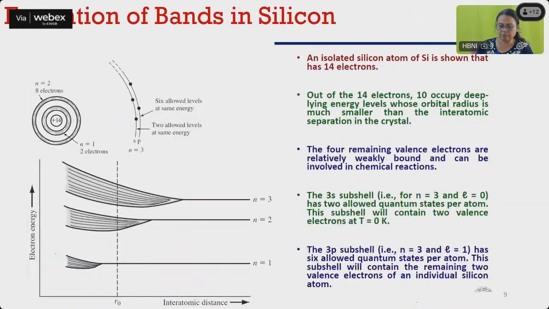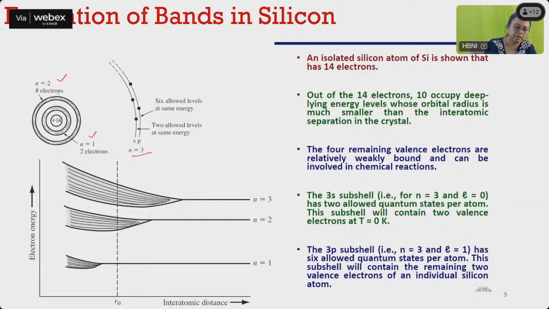So when we come to the case of silicon, an isolated silicon atom has 14 electrons. We have n equal to 1 with 2 electrons, n equal to 2 with 8 electrons, and the outermost shell, n equal to 3, with 4 electrons. And this is the nucleus.